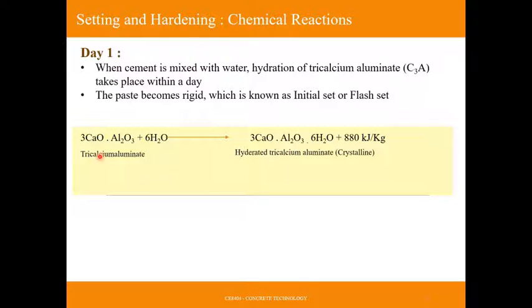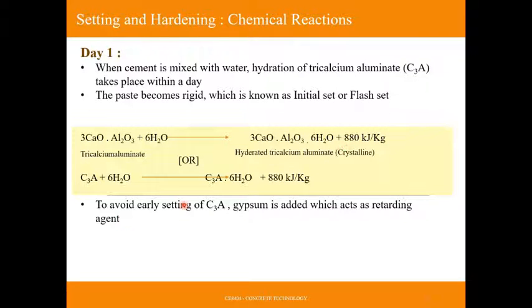The tricalcium aluminate on reaction with water forms a hydrated tricalcium aluminate crystalline form with a release of 880 kilojoules per kg. Usually, the hydration process is an exothermic reaction which results in the liberation of heat. To avoid an early setting of the tricalcium aluminate, gypsum is added to the cement, which acts as a retarding agent.